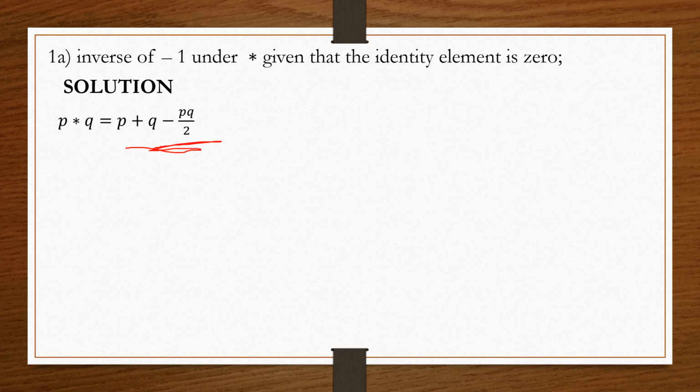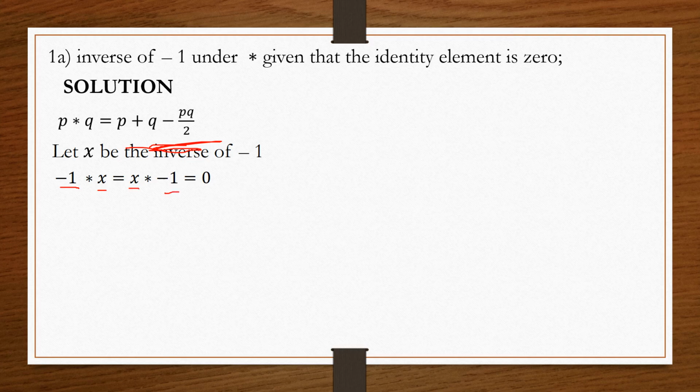Let the inverse of minus 1 be x. Substituting, we have minus 1 star x, and because it's commutative, you can as well have x star minus 1, and it is equal to the identity, which is 0.